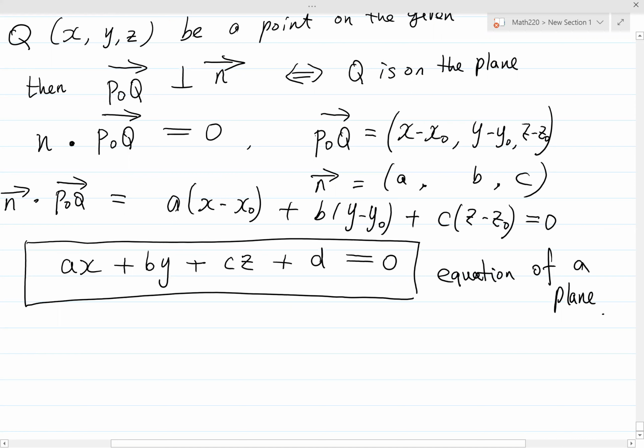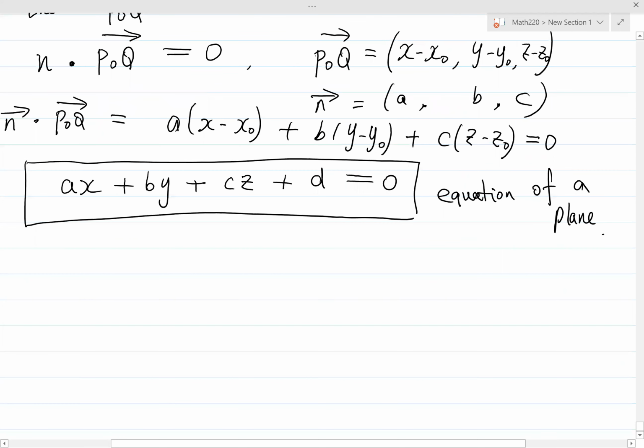That is the equation of a line in the xy plane. Any questions about this example?